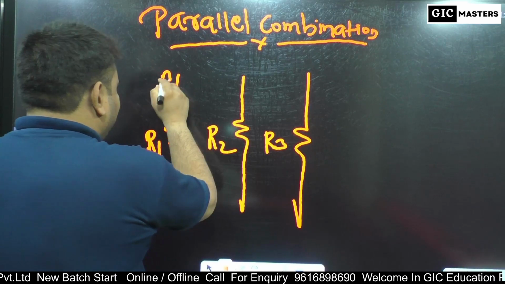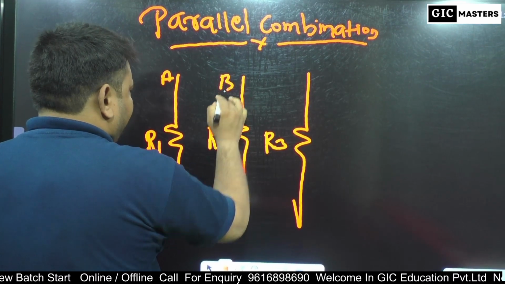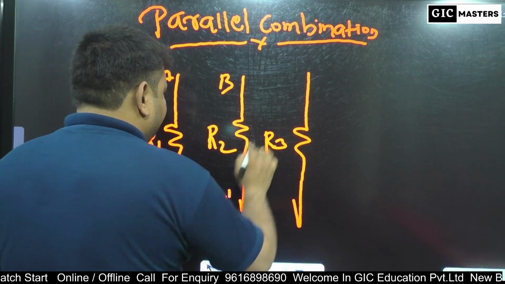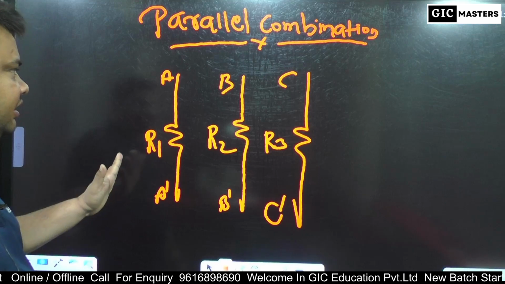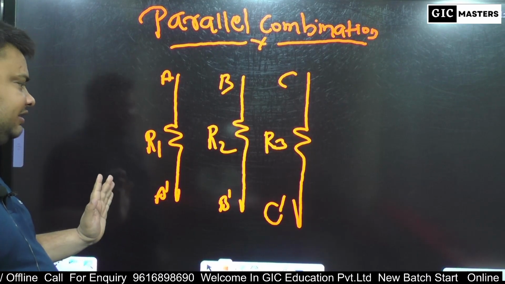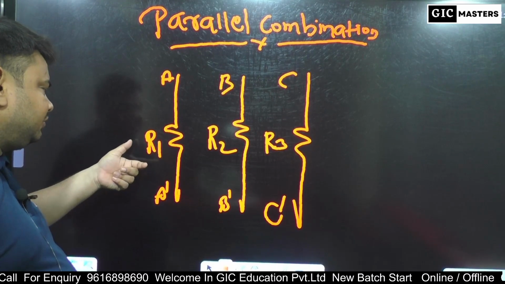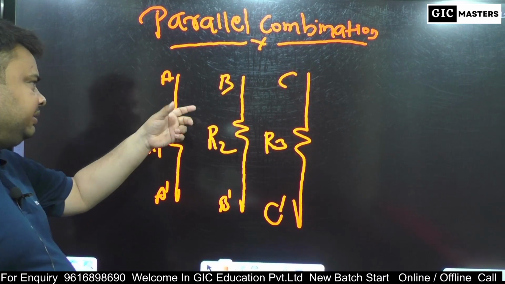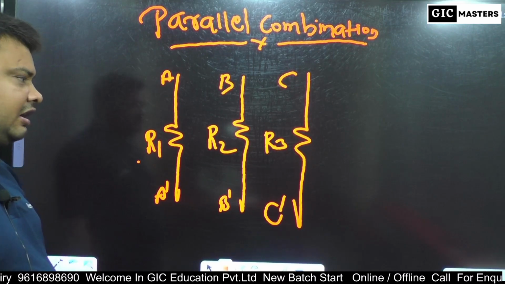Each has two terminals: A and A dash for R1, B and B dash for R2, and C and C dash for R3.